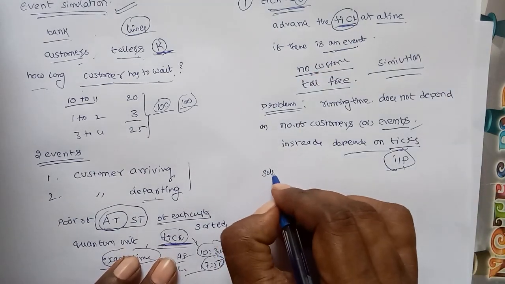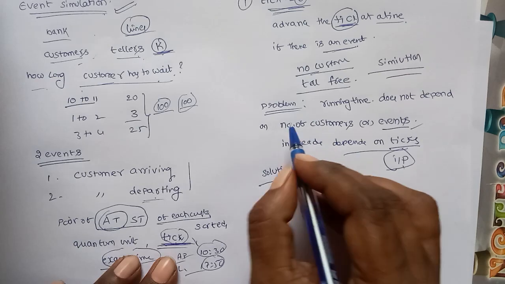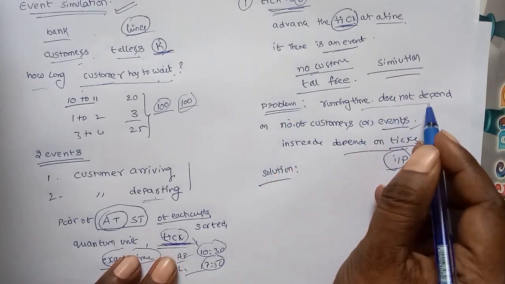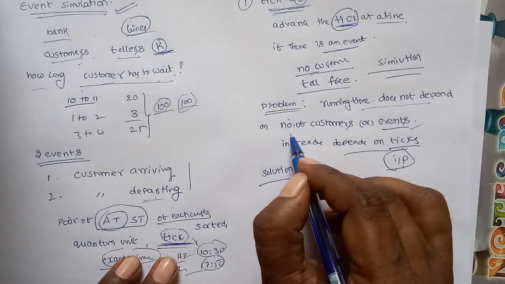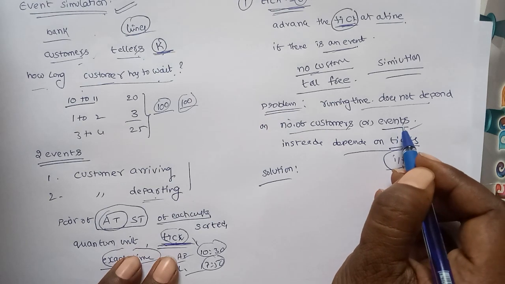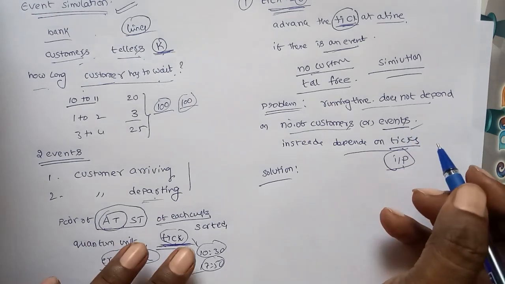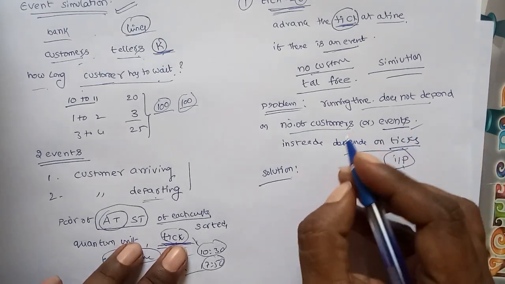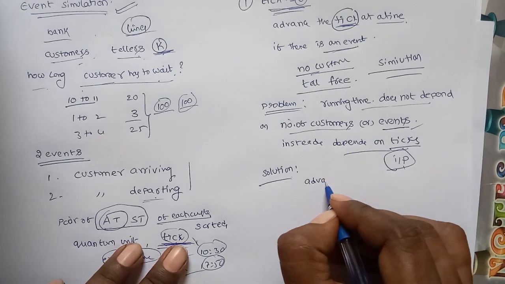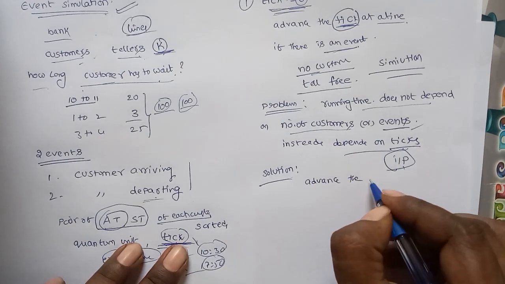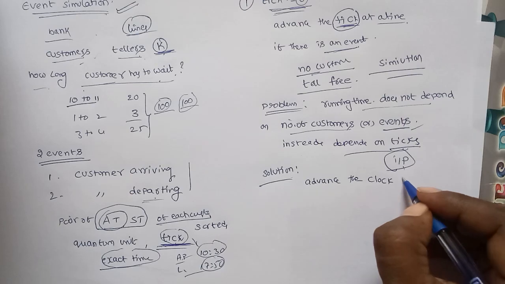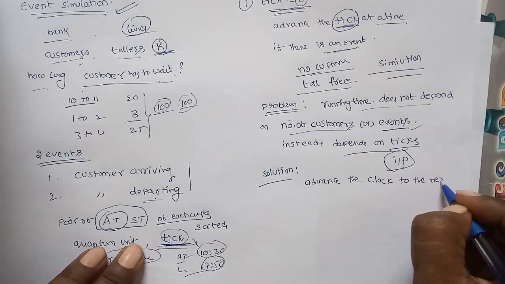So what is the solution? See this one. The problem is the running time. The time does not depend on the number of customers or events. It depends only on the ticks. So the solution is to advance the clock to the next event.